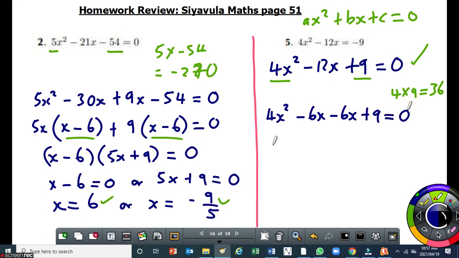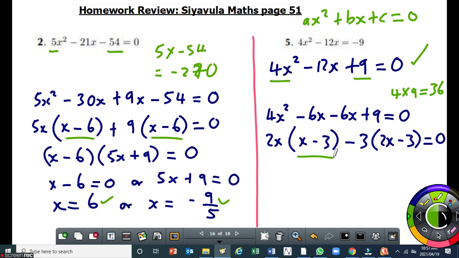And then you get 2x times x minus 3 minus 3 times 2x minus 3 equal to 0. So we have a common factor here. Okay, wait, let me redo. I need to redo properly.